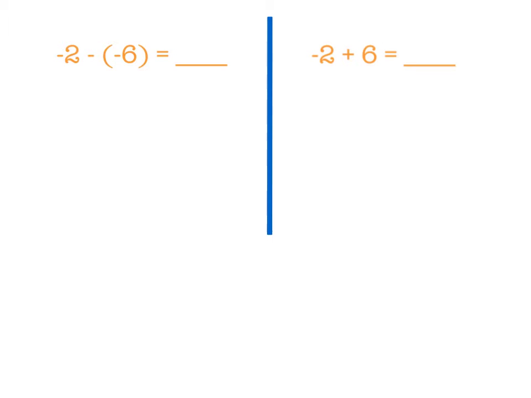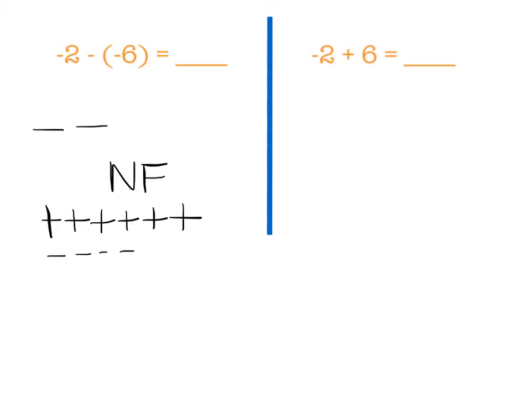In class on November 19th, we talked about adding and subtracting integers by comparing the pictures. If you look at the first example, I would draw -2 and then a neutral field of 6 pluses and 6 minuses.